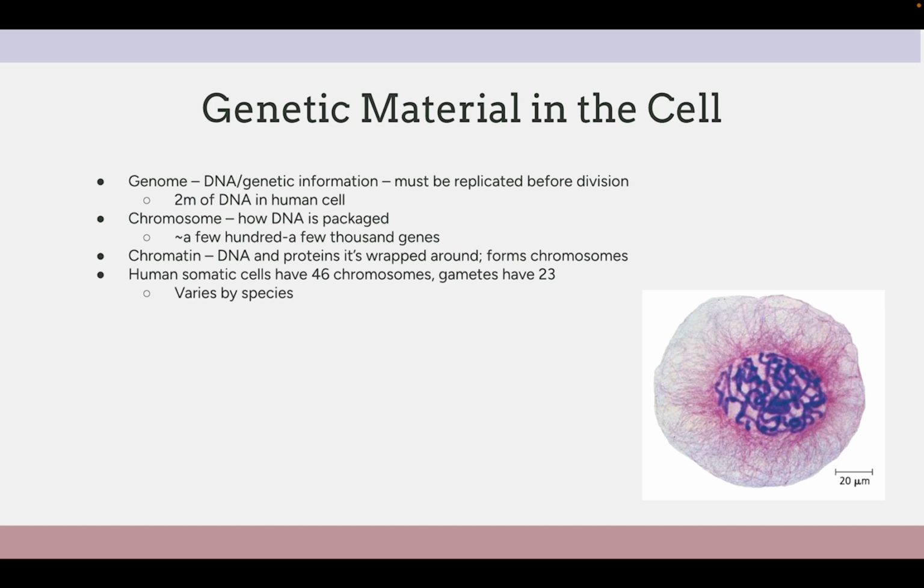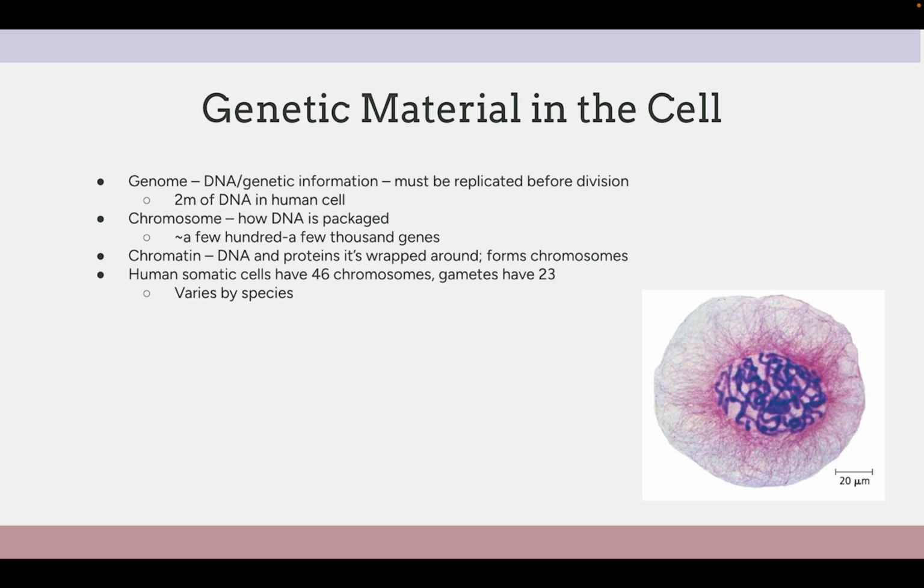And the next term is chromosome, and this is kind of what you would call DNA when it's packaged. So each chromosome has about a few hundred to a few thousand genes, and these you can see under a microscope. And really, it's just a more condensed form of chromatin, which is DNA and the proteins it's wrapped around.